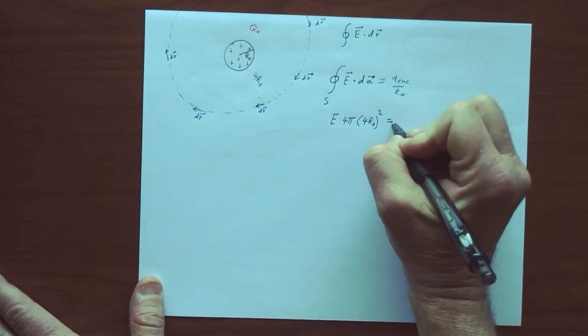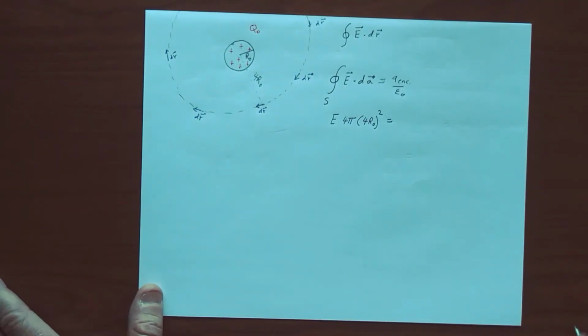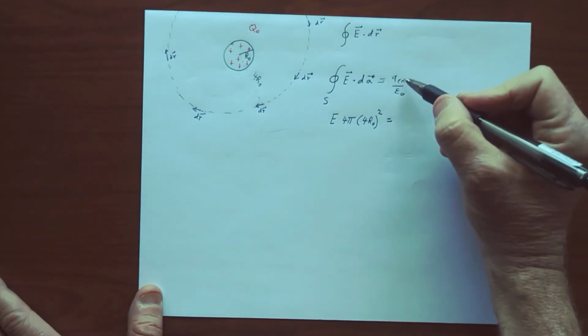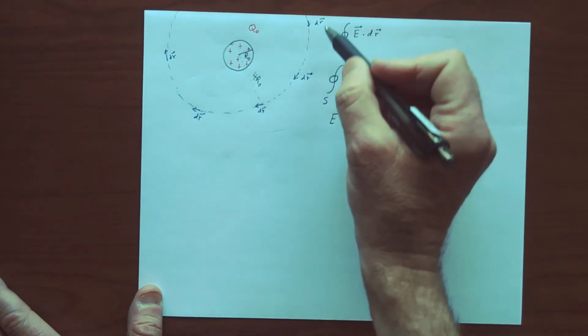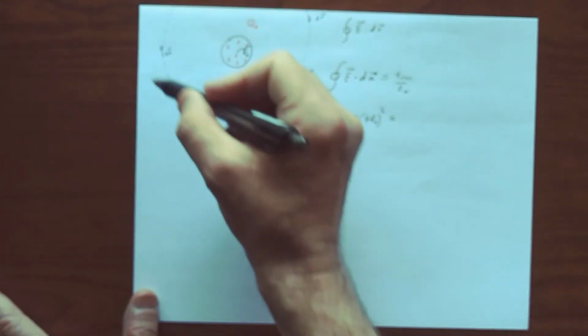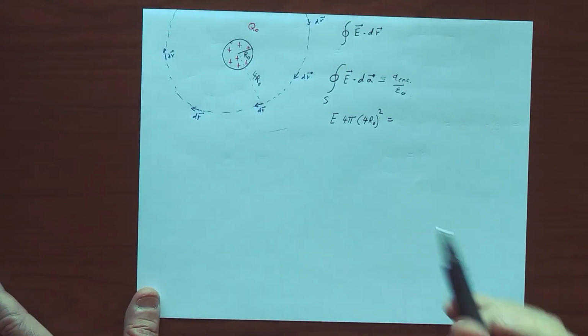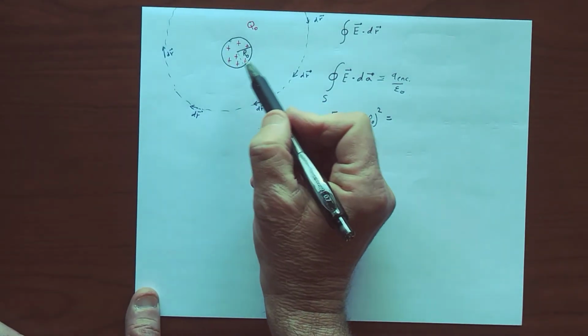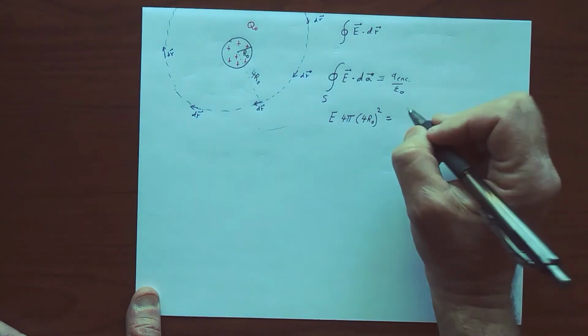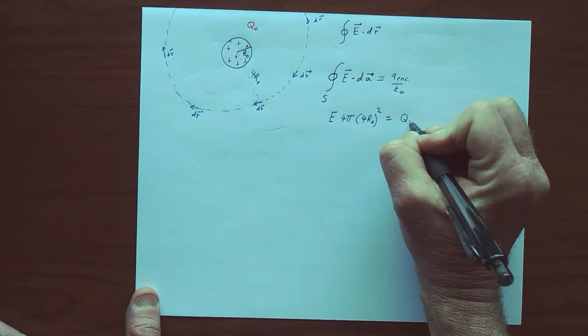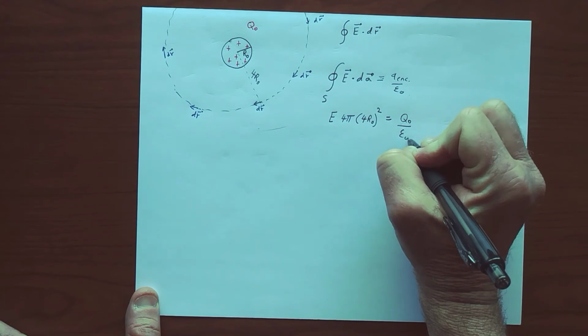That's the left-hand side. The right-hand side requires that I look inside to see how much charge is enclosed in the sphere that I use for the left-hand side, and that sphere has a radius 4 r naught, so all of the red charge is inside of that sphere, and so this becomes Q naught. I divide by epsilon naught.